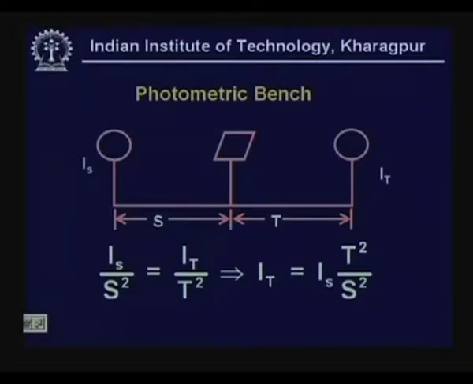Applying that, we get Is over S squared equals It over T squared, and hence It equals Is T squared by S squared. Needless to mention, the photometric bench has a scale attached to it which enables us to clearly get the distances between the sources and the photometric head.